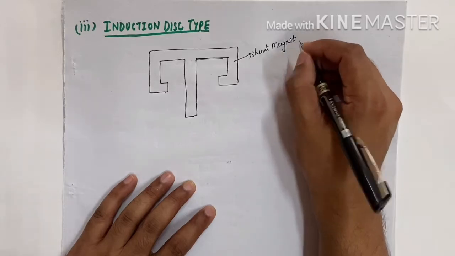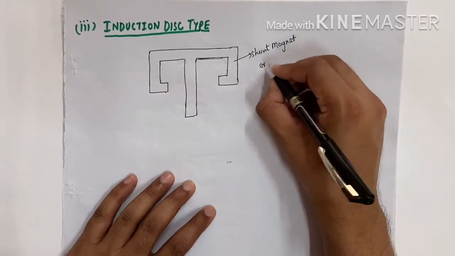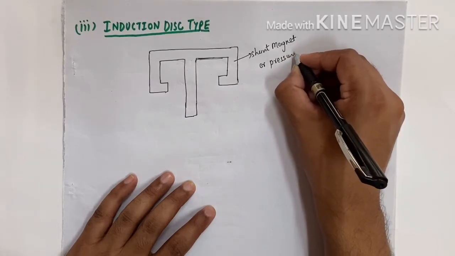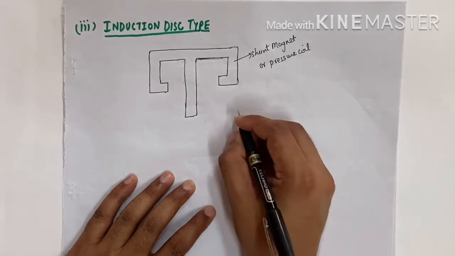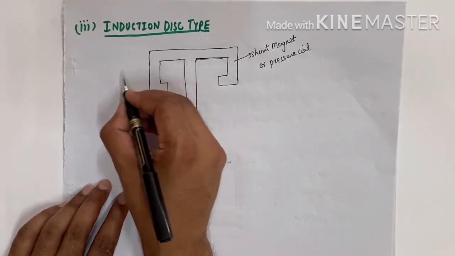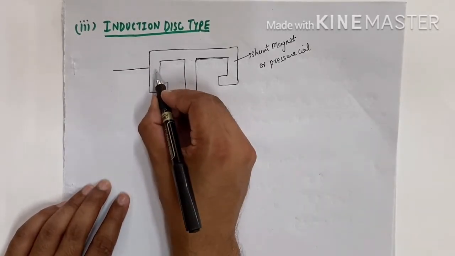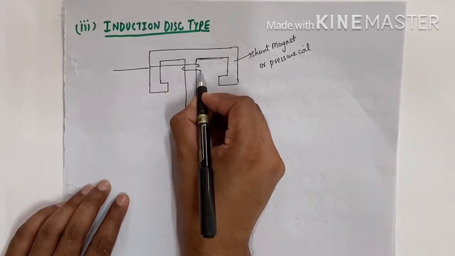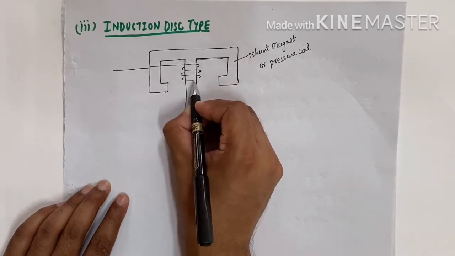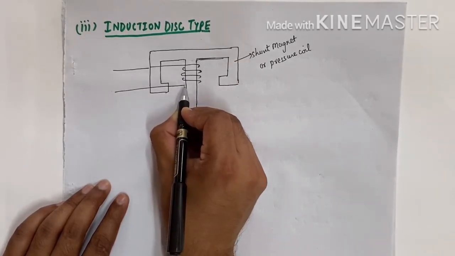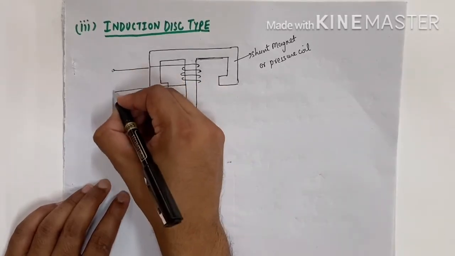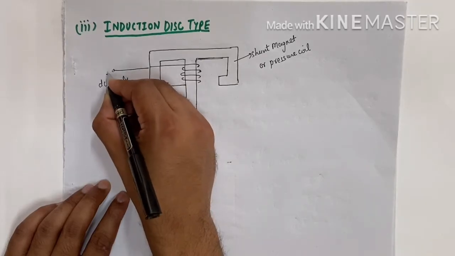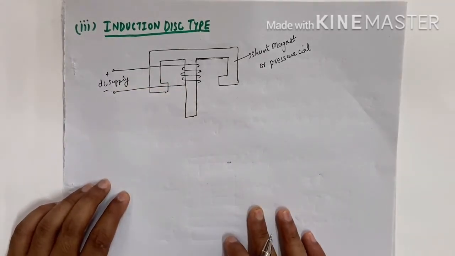On the shunt magnet we have placed the pressure coil, so it is also called the pressure shunt coil. We can call it the pressure coil. We have placed the pressure coil here. From here we can apply the DC supply to the shunt magnet. In this way you apply the supply.